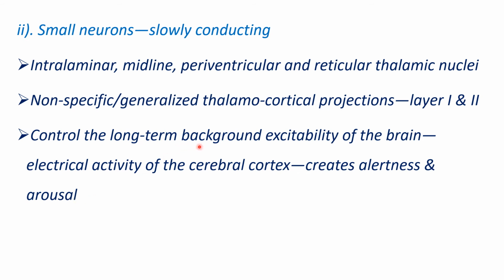What I mean to say is that these thalamocortical projections have an excitatory effect on the cerebral cortex, and it occurs for a longer time. It maintains a background excitation of the cerebral cortex, and this is responsible for your alertness and arousal.